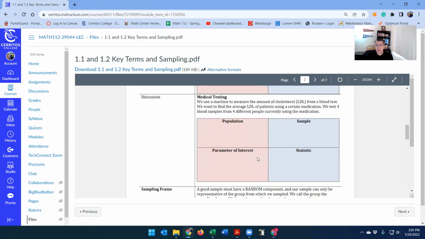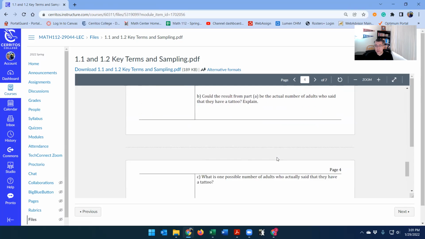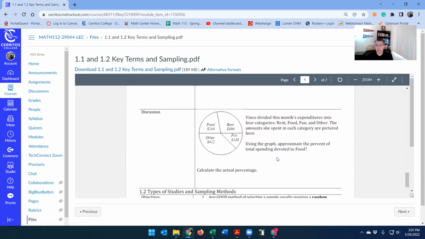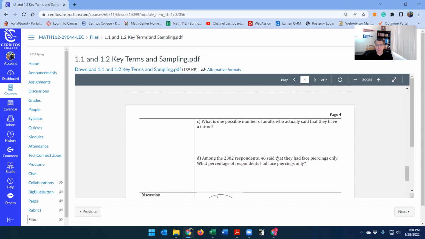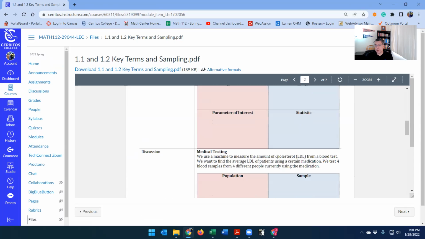I would highly encourage you to print these off or download them, and if you have a tablet PC, you can write directly on these, or print them off and work through them as you go, and maybe create a little folder as well.